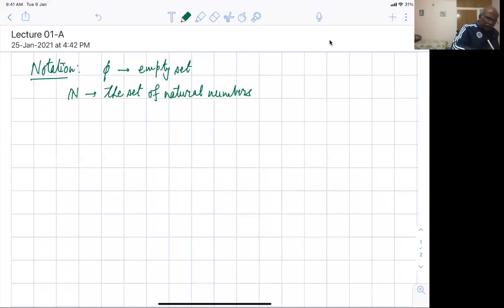So sometimes you can write whole numbers to include 0. So it is 0 union N. So N is nothing but 1, 2, 3, and so on. But sometimes we may say whole numbers, but natural numbers itself we can include 0 and things like that. Sometimes that error can occur.